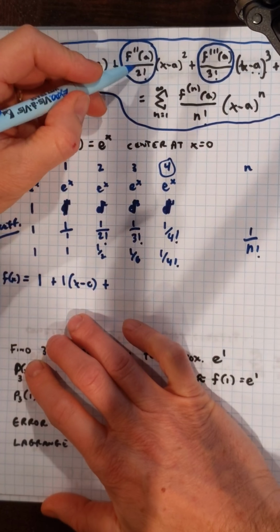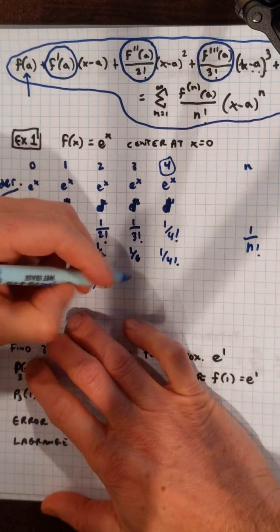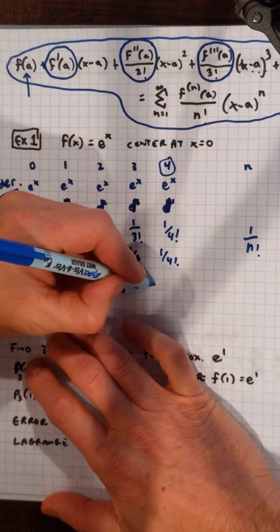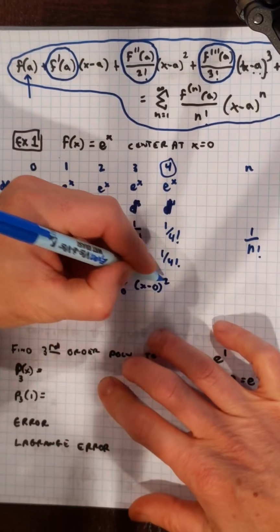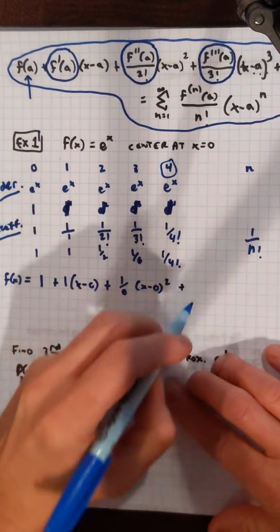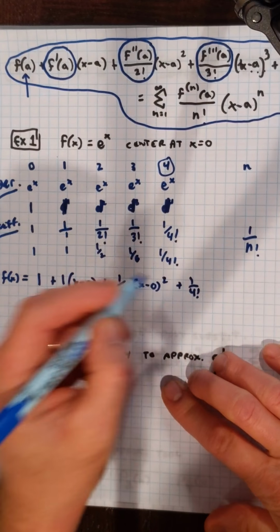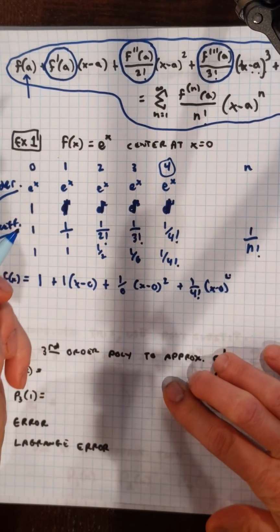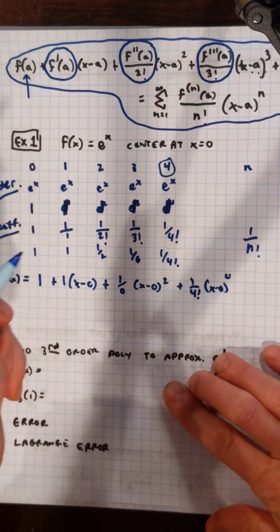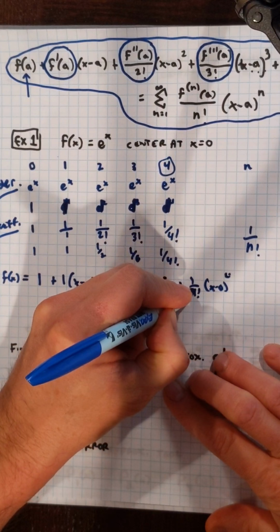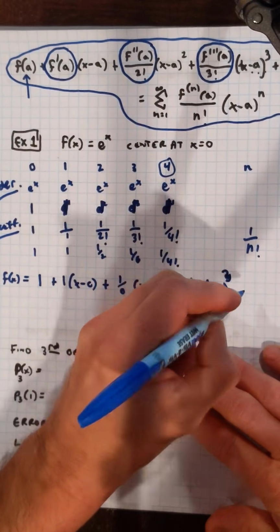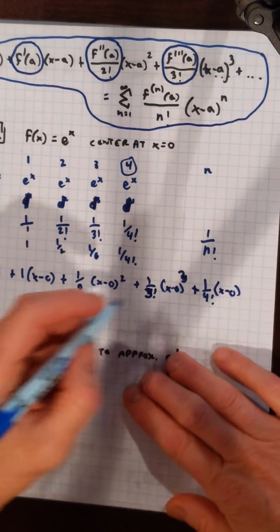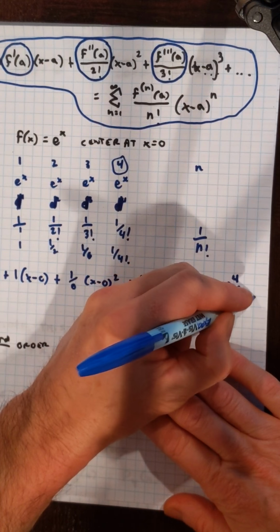Plus the second derivative divided by 2 factorial, which is my coefficient of 1/2, times x minus the center squared, plus 1 over 3 factorial, x minus 0 cubed. I skipped one, I apologize. Plus 1 over 4 factorial, x minus 0 to the 4th, plus dot, dot, dot.